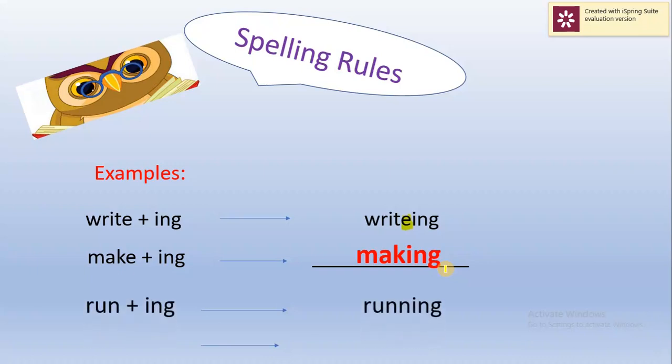Here we have the verb run. Run, if you notice, what is the last letter? The last letter here is N. Before it, there is U, and U is a vowel. If you remember, the vowels are O, U, E, and I. So these are the vowels.